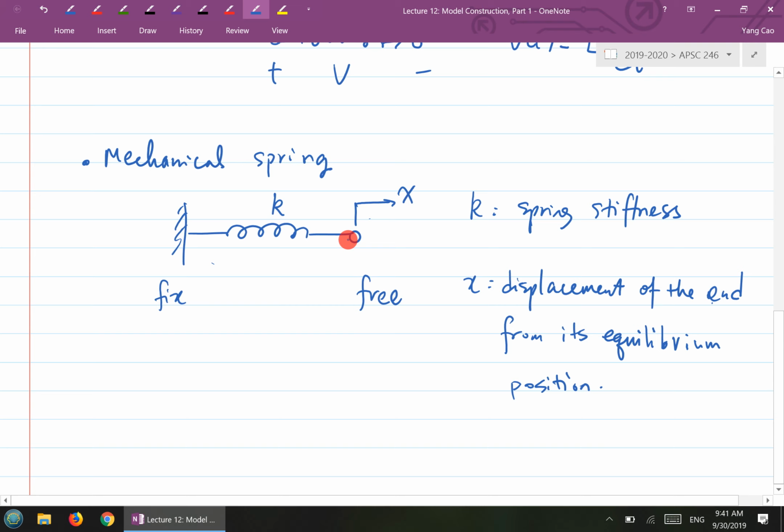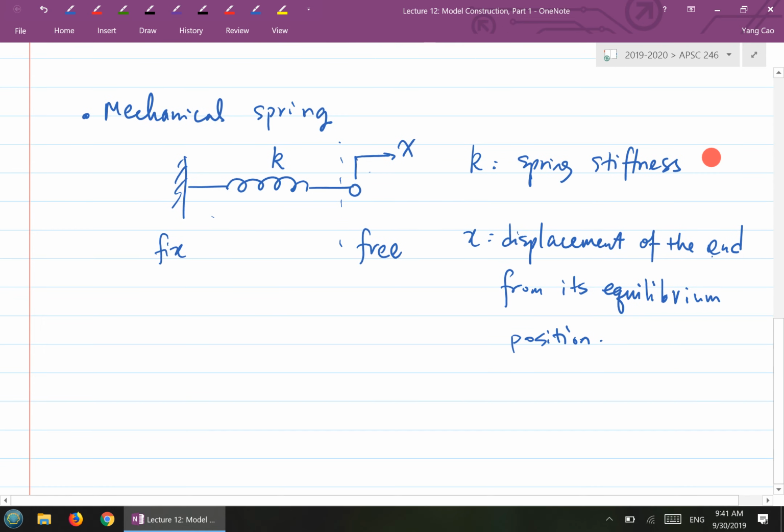If you're moving, let's say 2 meters, that's too much, 2 centimeters in that direction, that's called positive 2 centimeters, if the equilibrium is here. But if it's actually moving this way, then it's negative. So the direction of the arrow is the positive direction.